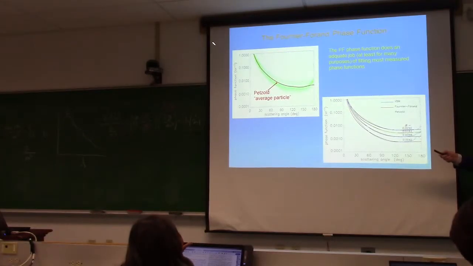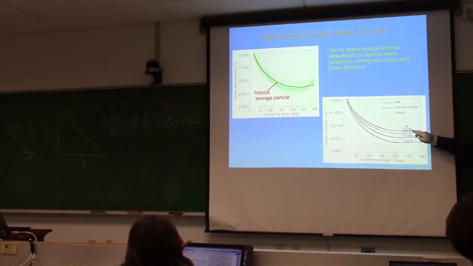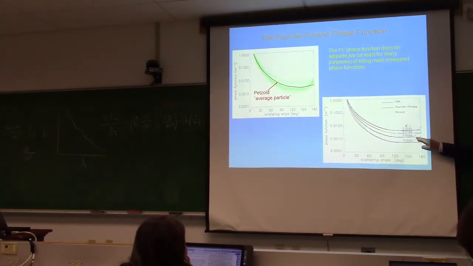There's some curve up at the top that went up to, say, about 0.03. And in each one of those, I used my little trick and generated a Fournier-Forand phase function, which is the red curve. And they do quite nicely, except right here in the backscatter, the last like 10 or 20 degrees.